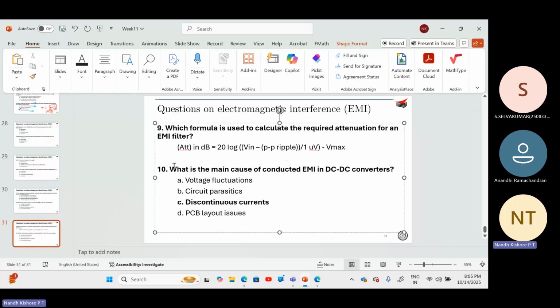Okay, so this question is easy. EMI in SMPS is classified in two forms. So what are the two forms of EMI? One is conducted and radiated.